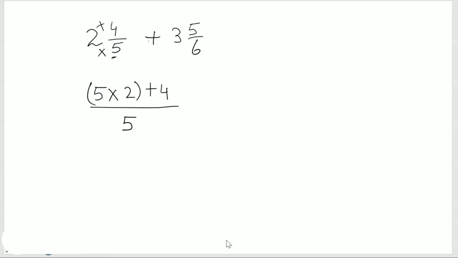No change in the denominator. Similarly, for the second fraction, multiply the denominator by the whole number, which is 3. So it's 6 times 3 plus 5 divided by 6.